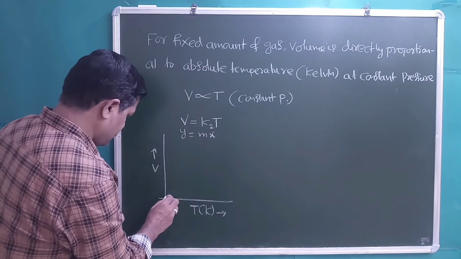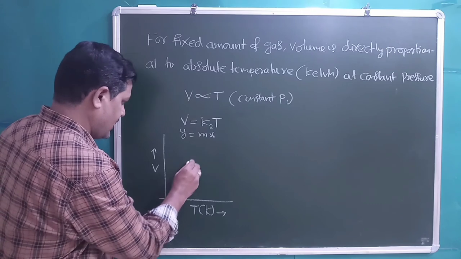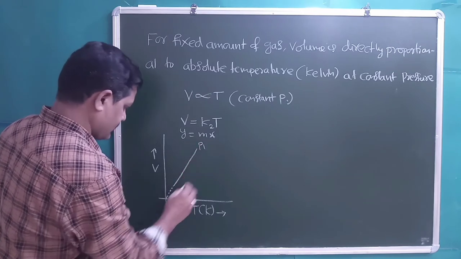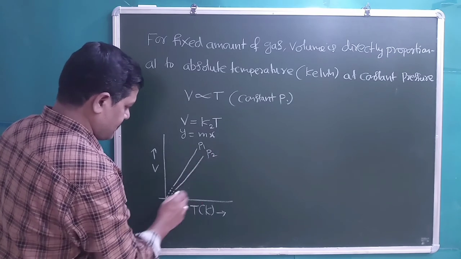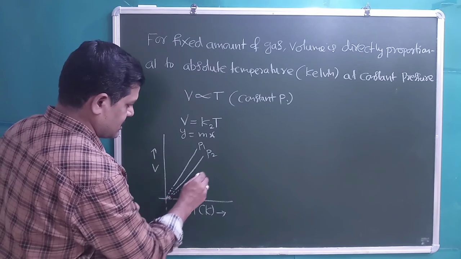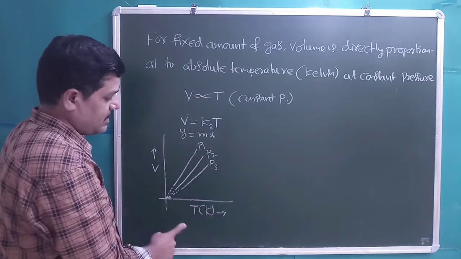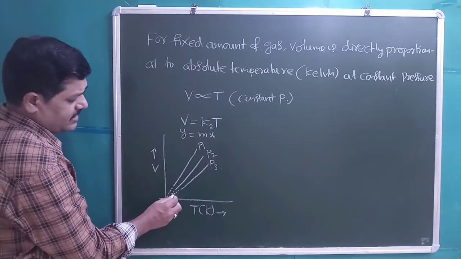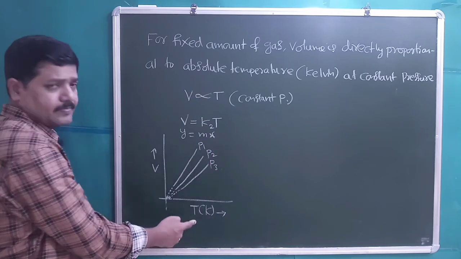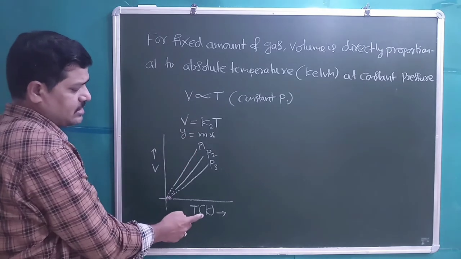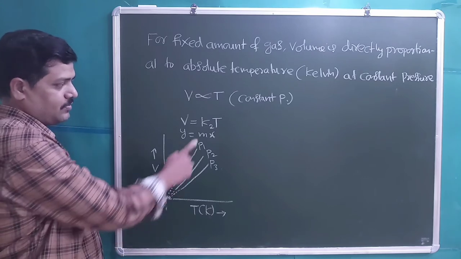Let us draw the graphs at different pressures directly. Assume this is at a pressure P1, this is at pressure P2, and this graph is at pressure P3. Now let us find out the order of these pressures. Students, why we are indicating this with the dashed line is, theoretically, according to Charles law, as the temperature becomes 0 Kelvin, volume becomes 0 from this expression.